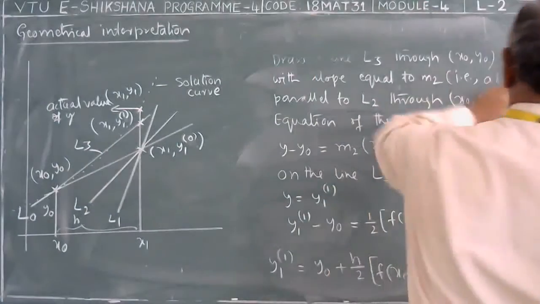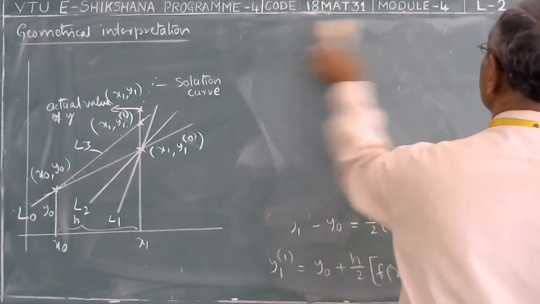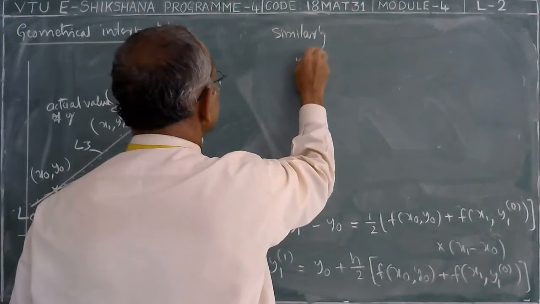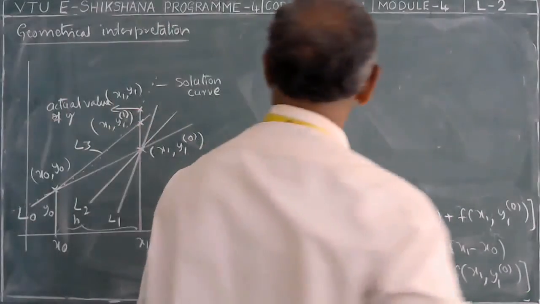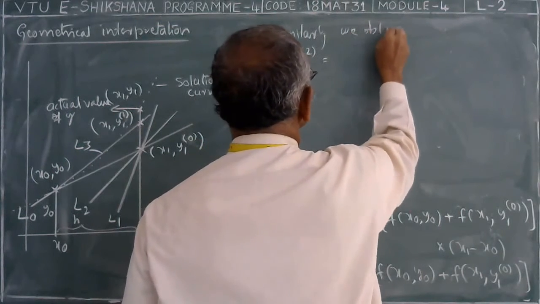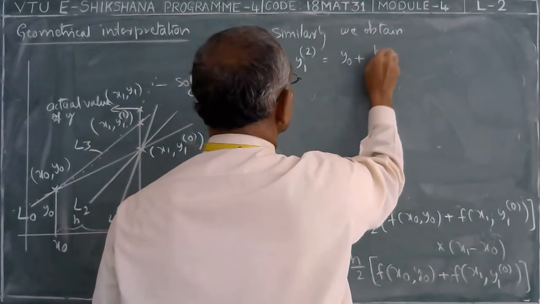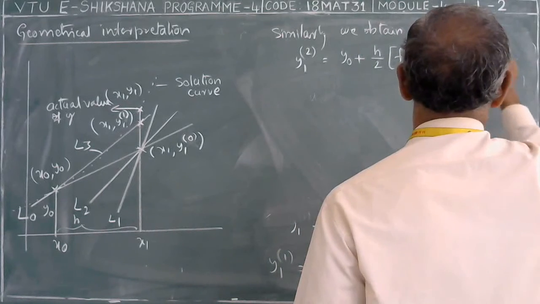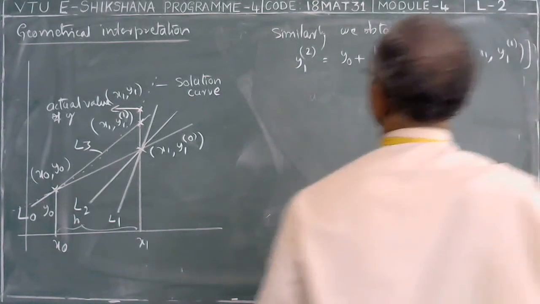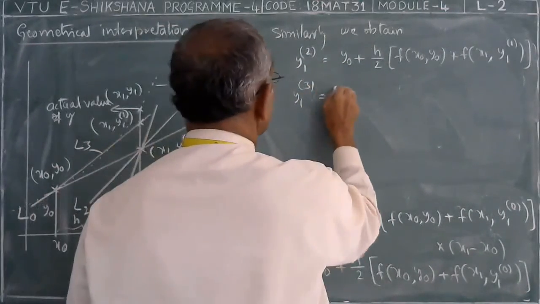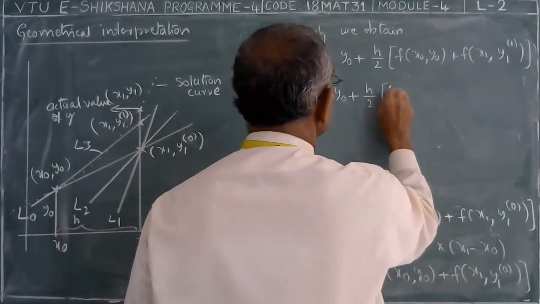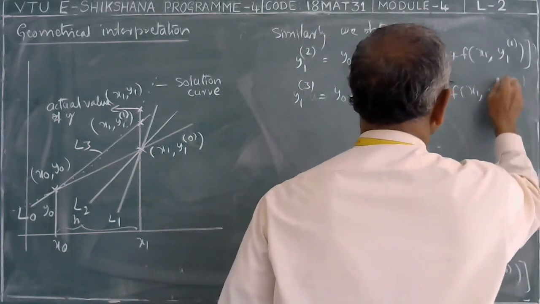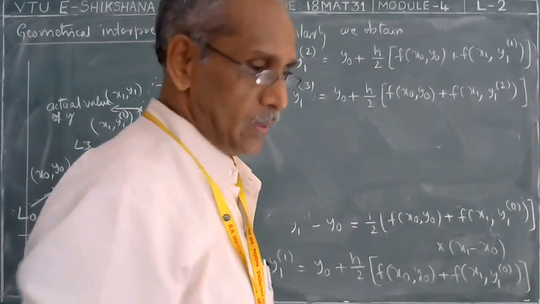Okay, so similarly, y1 2 is obtained as y0 plus h by 2 into f of x0 comma y0 plus f of x1 comma y1 1, and y1 3 is equal to y0 plus h by 2 into f of x0 comma y0 plus f of x1 comma y1 2, and so on.